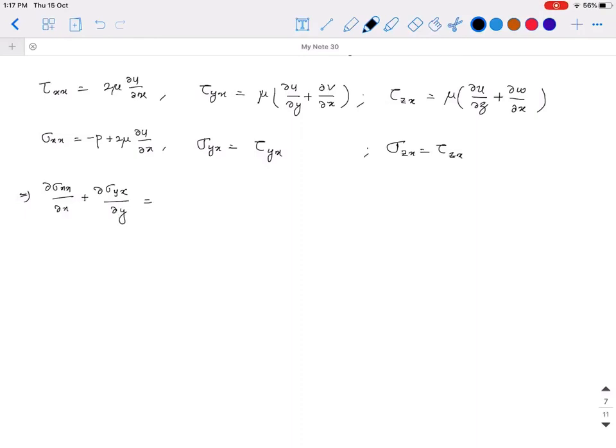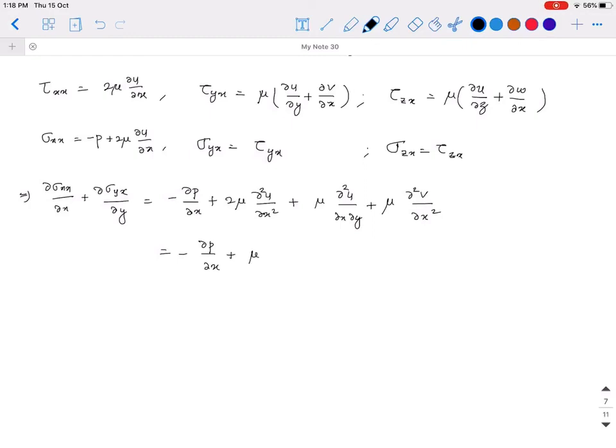Okay, so now if I write this, that would be minus dou p by dou x, okay, plus 2 mu dou square u by dou x square plus mu dou square u by dou y square plus mu dou square v by dou x square. Sorry, this will be dou x dou y.